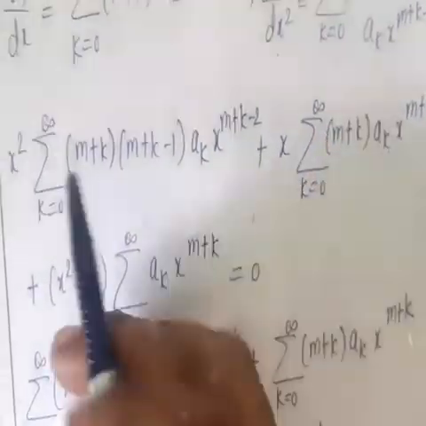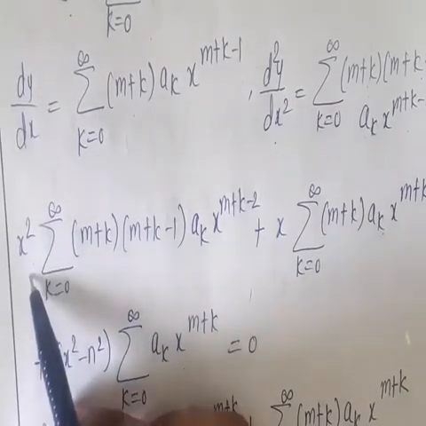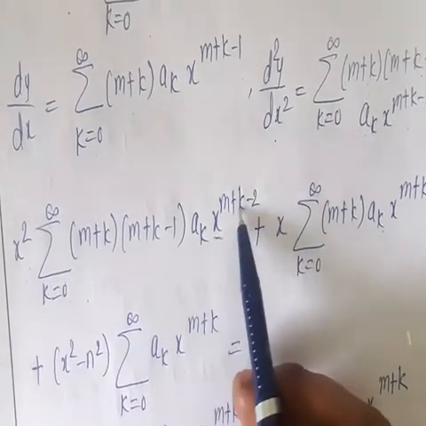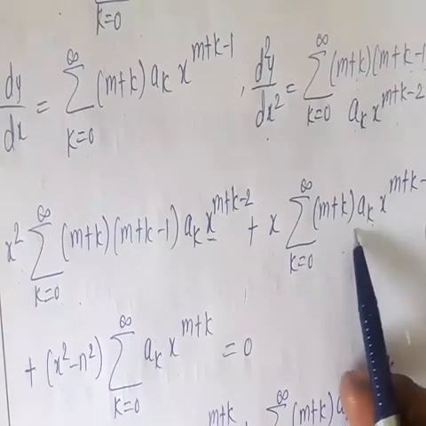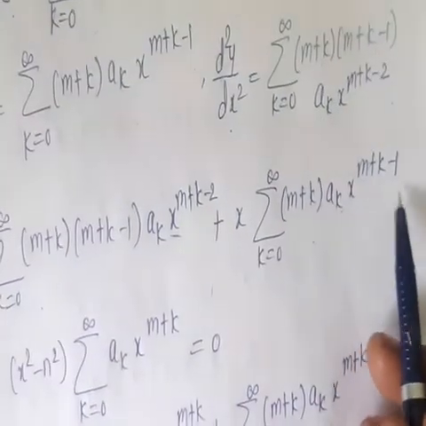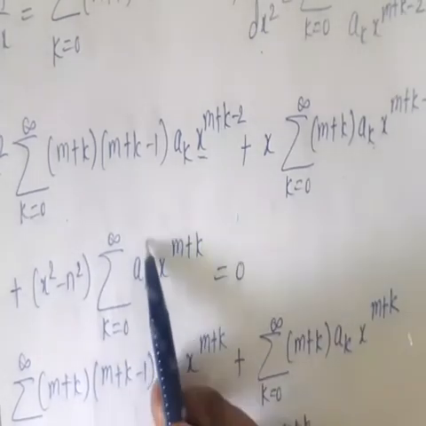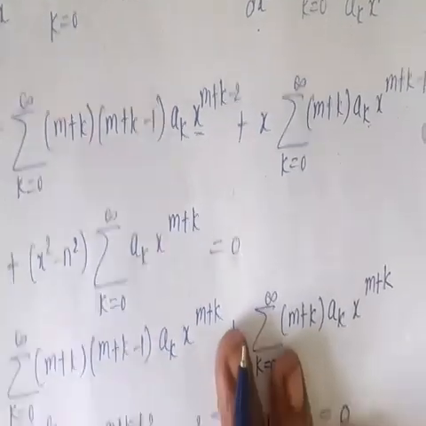Now put all these values in the given differential equation. X square into summation (m plus k)(m plus k minus 1) a k x to the power m plus k minus 2, plus x multiplied by summation (m plus k) a k x to the power m plus k minus 1, plus (x square minus n square) summation k equal to 0 to infinity a k x to the power m plus k, equal to 0.